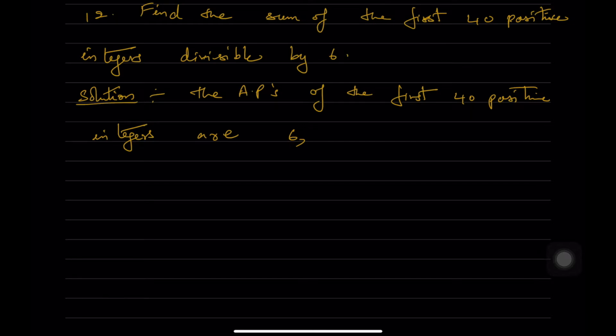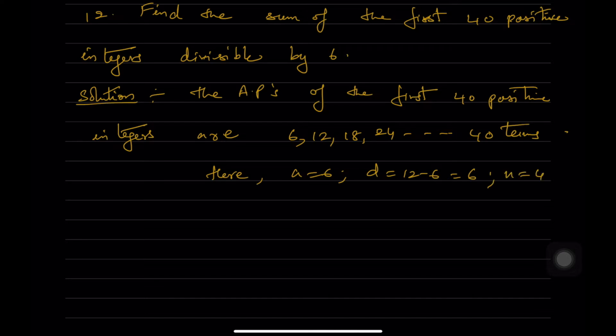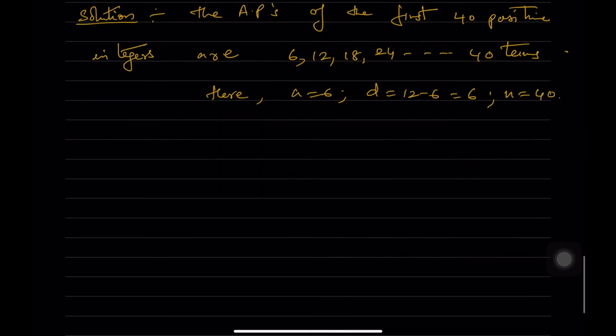The first multiple of 6 is 6, 12, 18, 24, and so on up till 40 terms. We have to find out the sum. Here we have that the first term is equal to 6, common difference is equal to 12 minus 6, which is equal to 6, and n is equal to 40. This is given to us. So we have to find out what is S40.